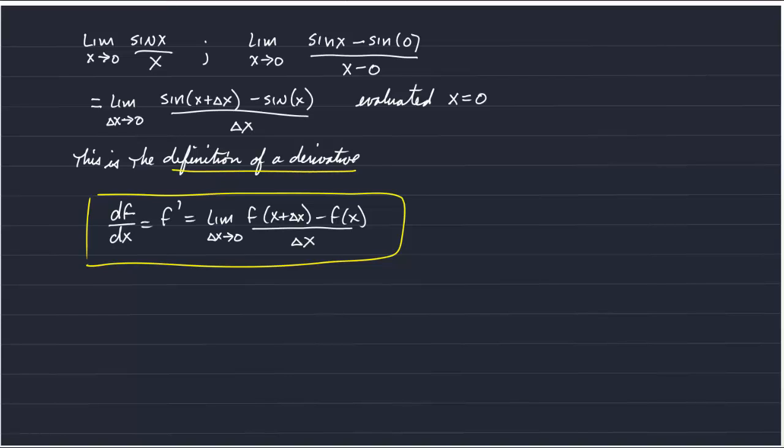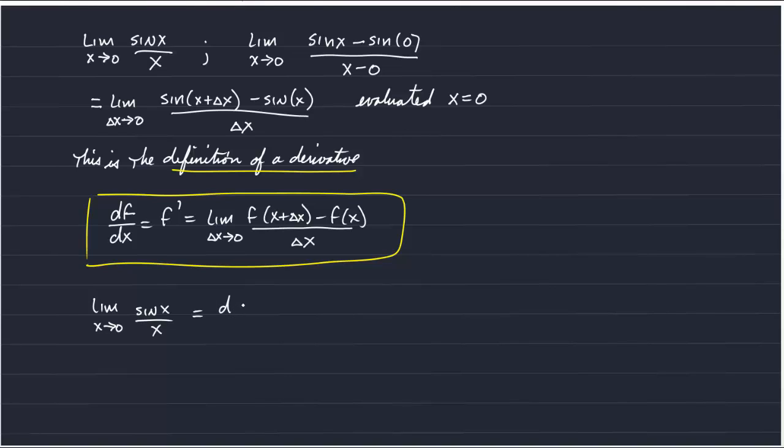Okay, so knowing that, we can now evaluate our original limit of sine x over x if we know how to take a derivative. Well, you do, because you've taken calculus.